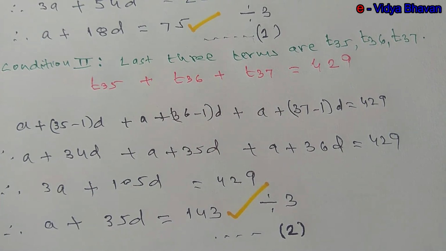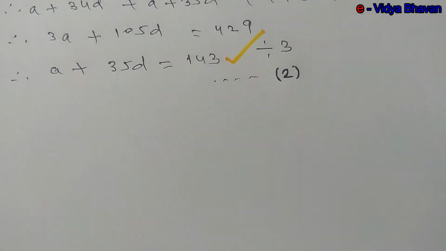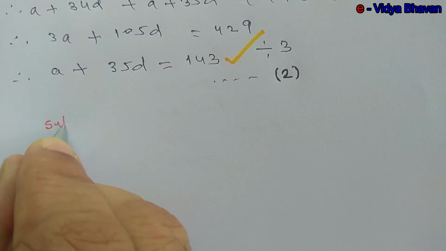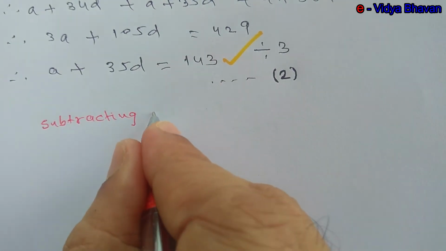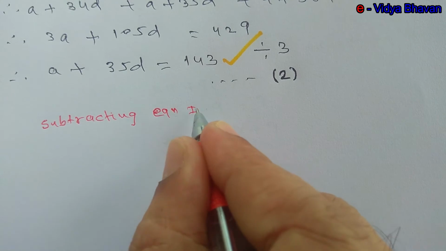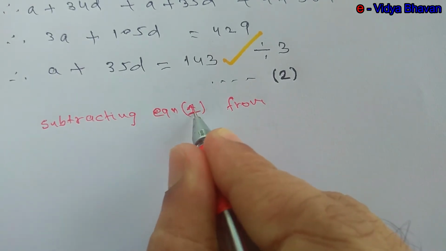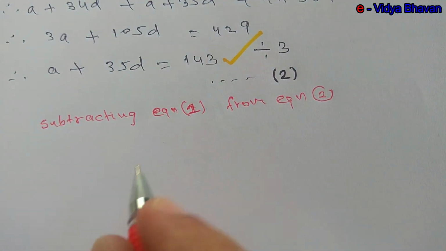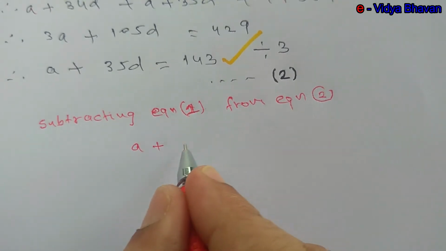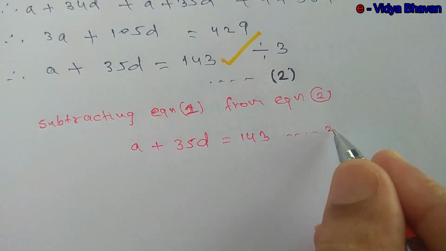Now solve equations 1 and 2. Subtracting equation 1 from equation 2, that is, a plus 35d is equal to 143. This is your equation number 2.